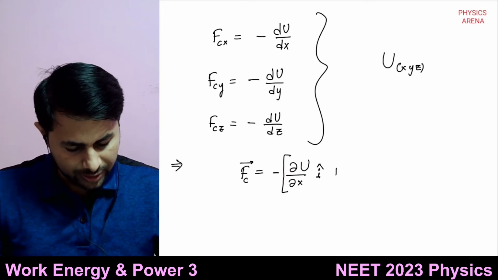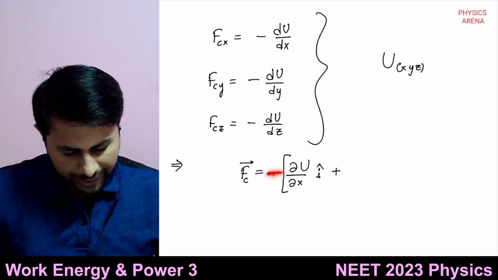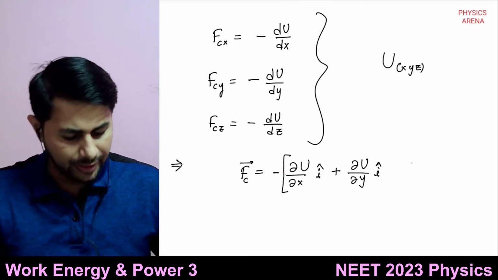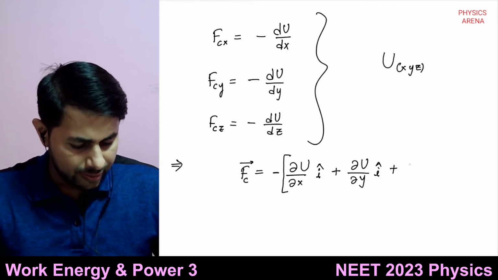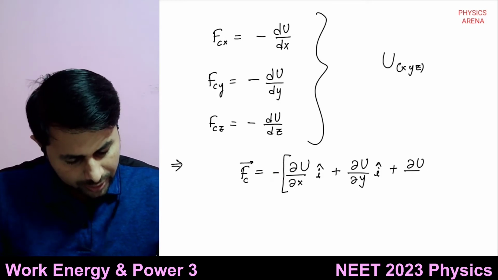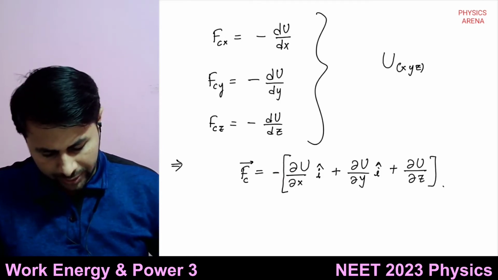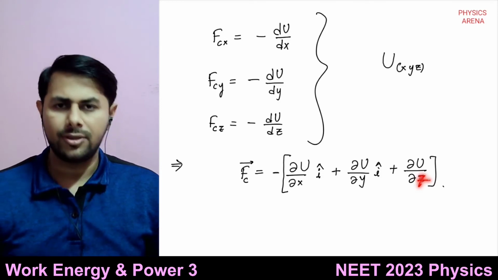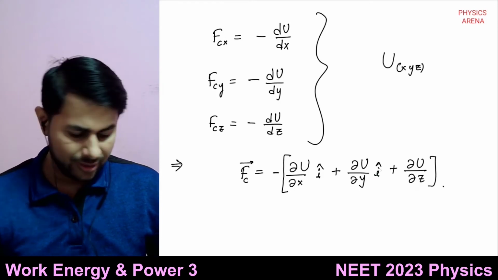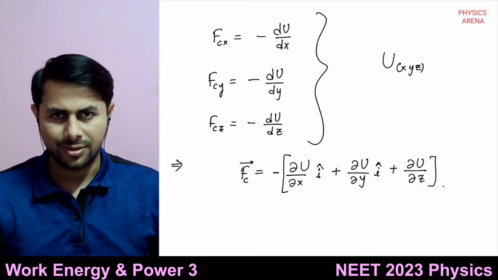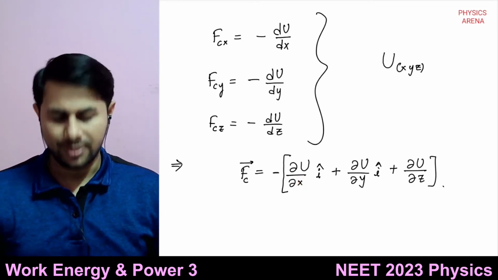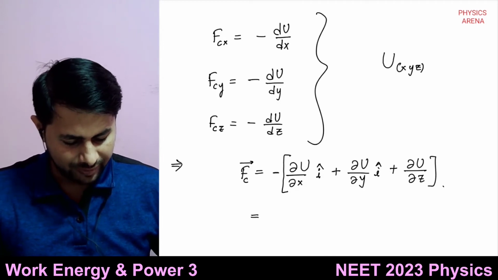Similarly the y component is minus partial U, partial y, and the z component is minus partial U, partial z. When you take the derivative with respect to z, you treat x and y as constants. With respect to y, you treat x and z as constants. With respect to x, you treat y and z as constants, and in short it is written by this symbol.